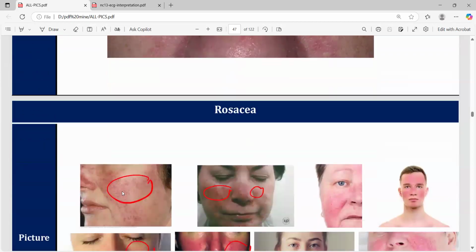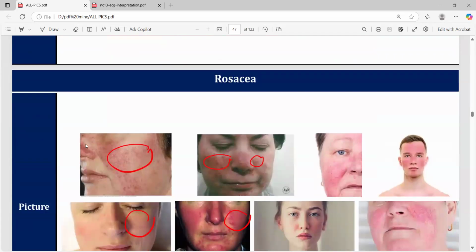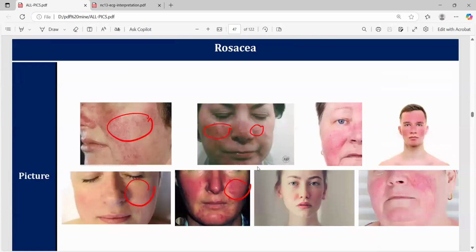Then comes rosacea. It's mainly on the cheeks, the nose, or the forehead. This is the presentation, and it could present only on the cheeks, only on the nose, or only on the forehead. So you have to keep it in your head. It could be associated with autoimmune disease and could be triggered by cold weather or stress, anything like that.